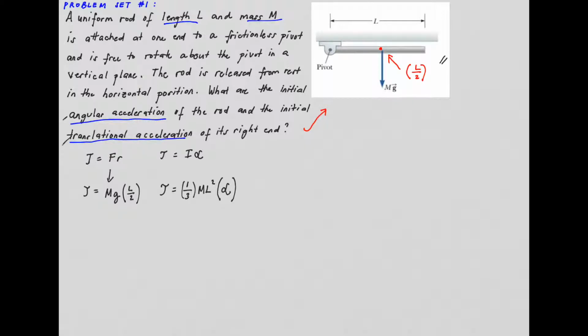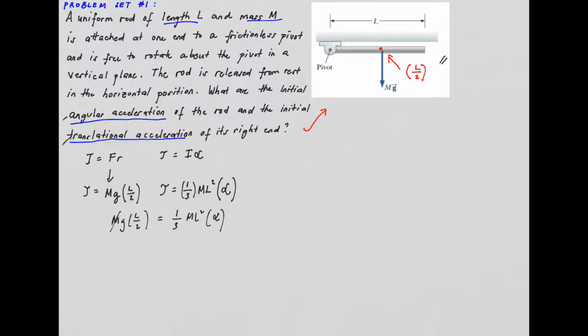So we have torque equals mgL over 2, and equals 1/3 multiplied by mL squared multiplied by angular acceleration. So we have here mgL over 2 equals 1/3 mL squared multiplied by angular acceleration.